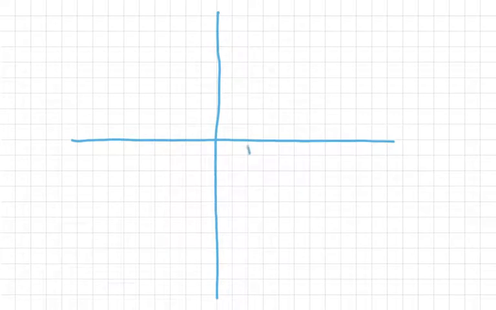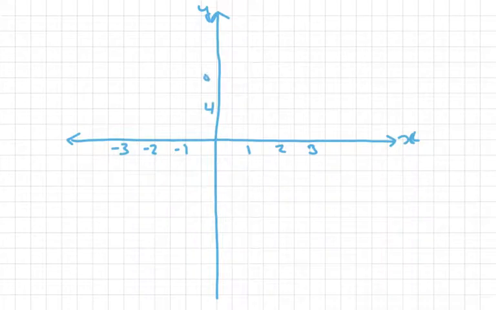So if I go up every other, 1, 2, 3, this is x, -1, -2, -3, this is y. I'm going to go up by 2's on the y-axis, 2, 4, 6, 8, 10, 12, -4, -8, -12.